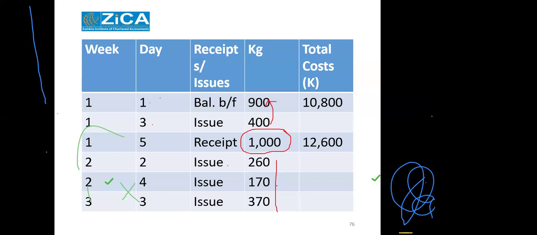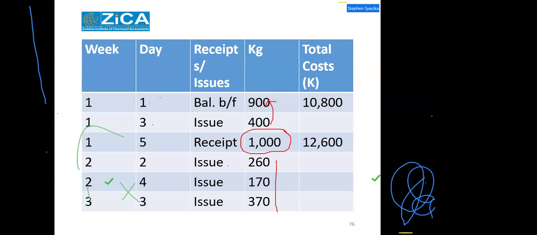Okay, so for the closing inventory, without producing a ledger card in a logical manner, for 5 marks, about 9 minutes. If you are fast, you can produce a ledger card. You won't make mistakes.